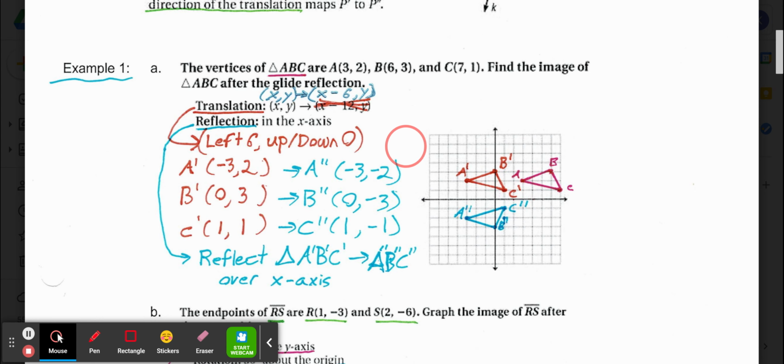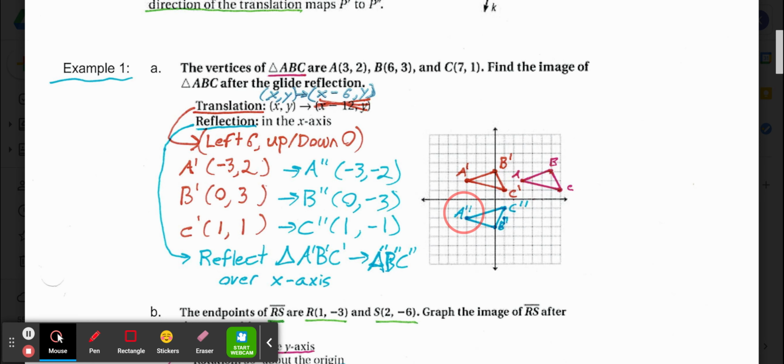The second part of our glide reflection is to reflect in the x-axis. So I'm going to take A prime, B prime, C prime and reflect them over the x-axis to give A double prime, B double prime, C double prime at the coordinates (negative 3, negative 2), (0, negative 3), and (1, negative 1).